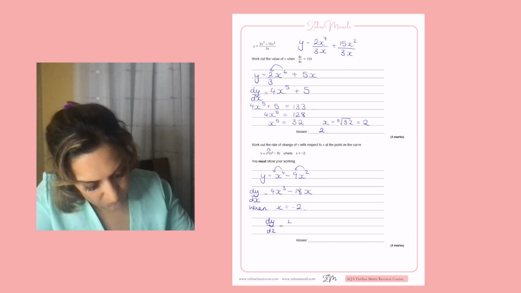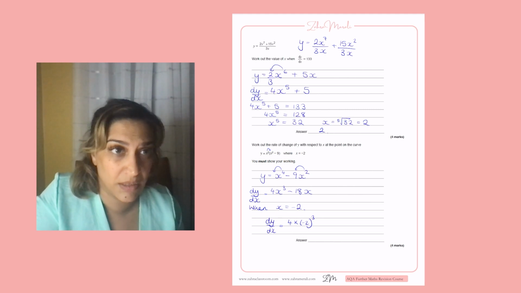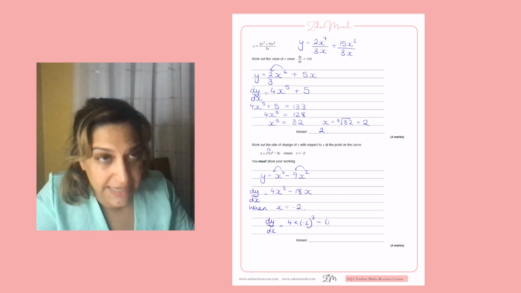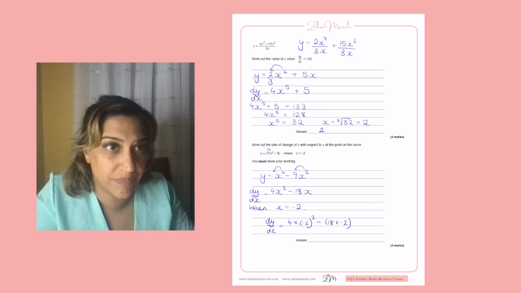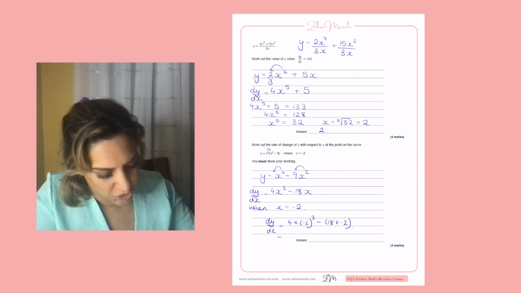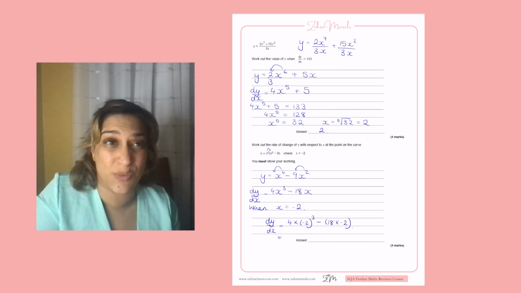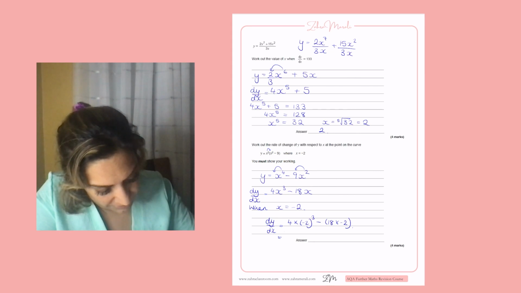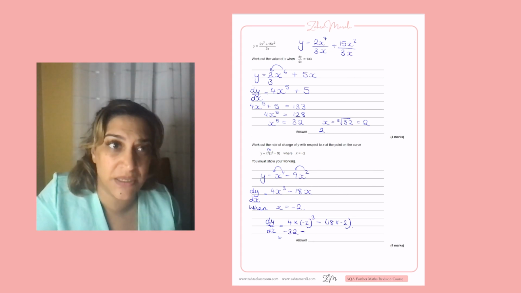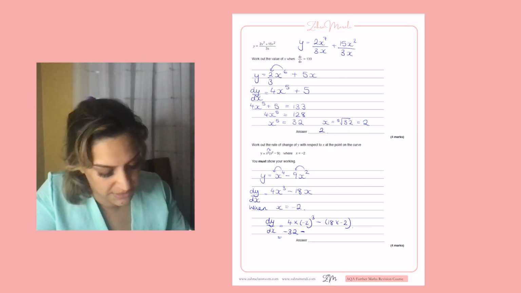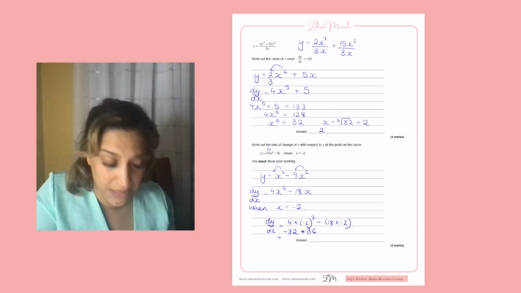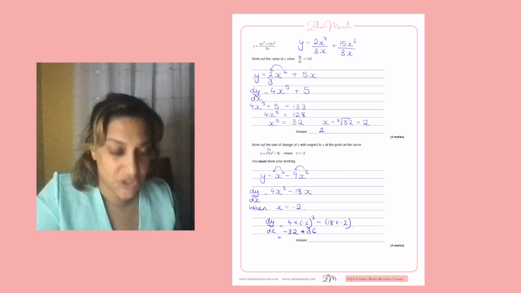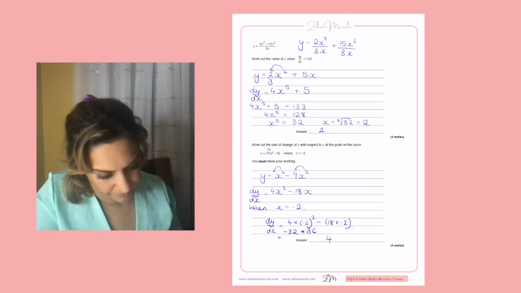So we're going to get 4 times minus 2 cubed minus 18 times minus 2. So minus 2 cubed is minus 8, times 4 to give me minus 32. 18 times minus 2 is minus 36. Minus and a minus make a plus. 36 minus 32 to give me 4.